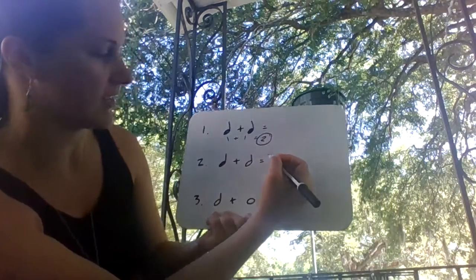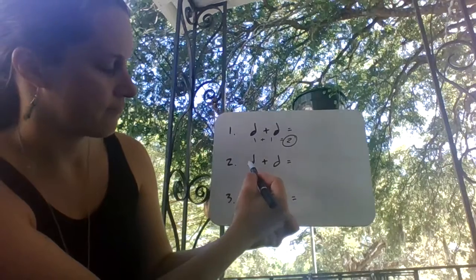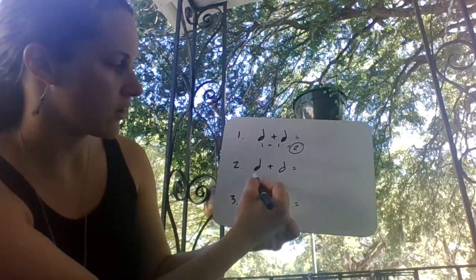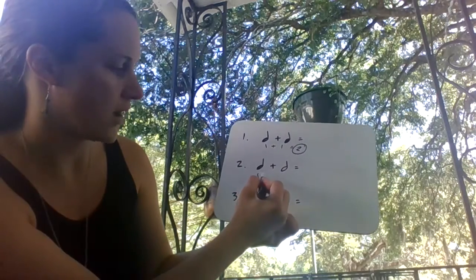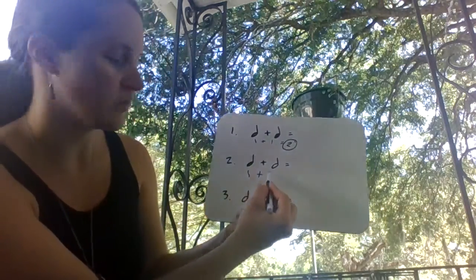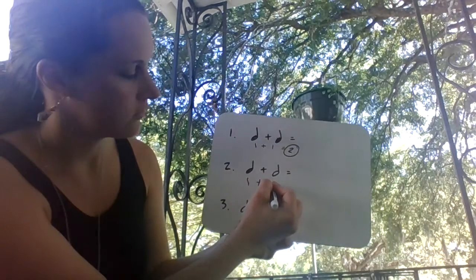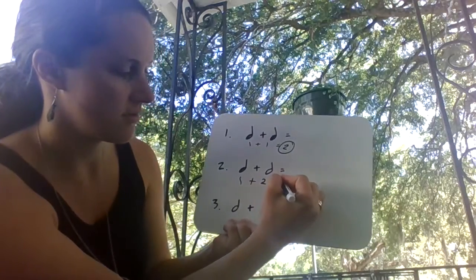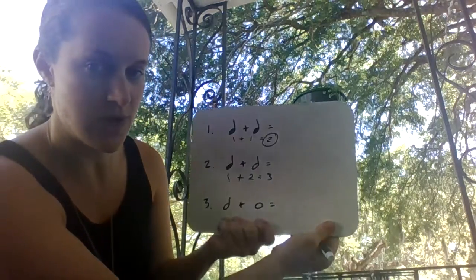I trust that you guys can do 1 plus 1. So now we have quarter plus half. Quarter note is worth 1. Half note is worth 2. 1 plus 2 equals 3. Is that what you got?